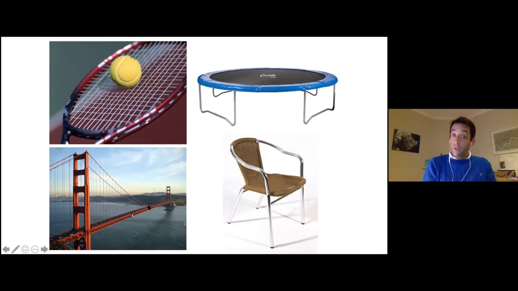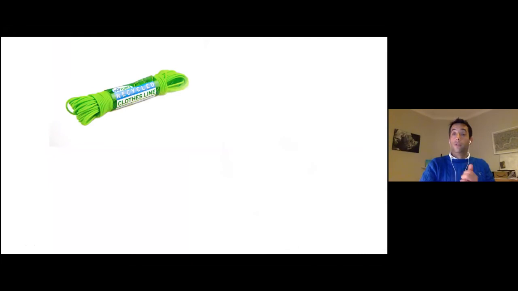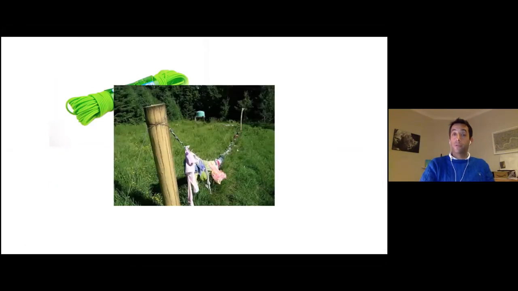The unique thing for all of these is that they are put under tension. Your catgut is strung tightly in your tennis racket. Your trampoline has about 150 springs around the outside. Your cables on a suspension bridge are pulled taut. Your chair of wicker is pulled taut. And as soon as those things are pulled taut, they support load. Just like your clothesline. You string your clothesline loosely between two poles in the garden and your clothes will hit the floor.